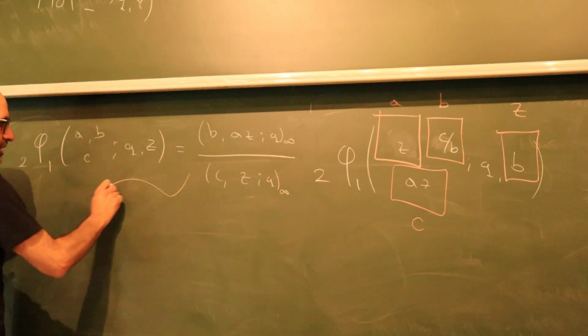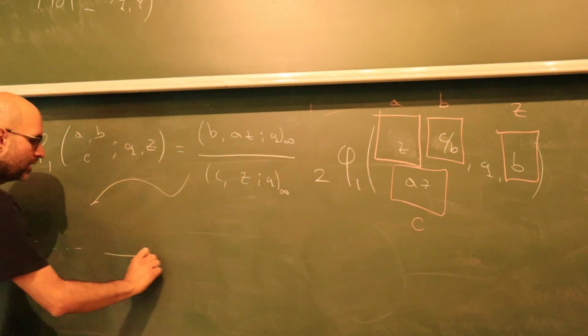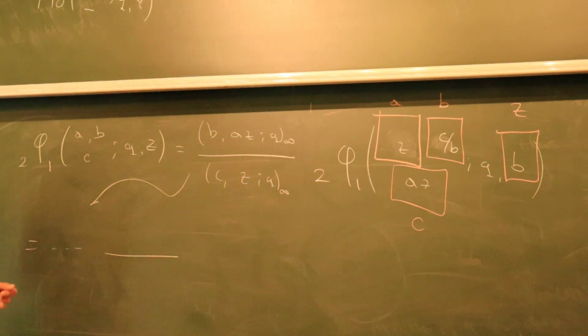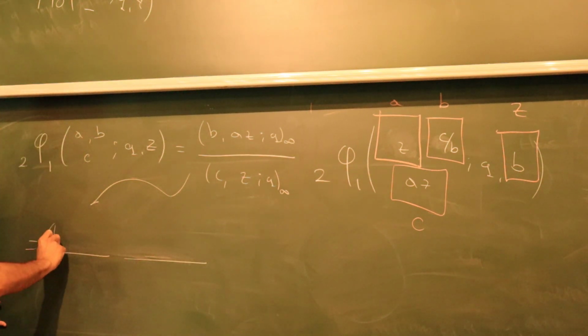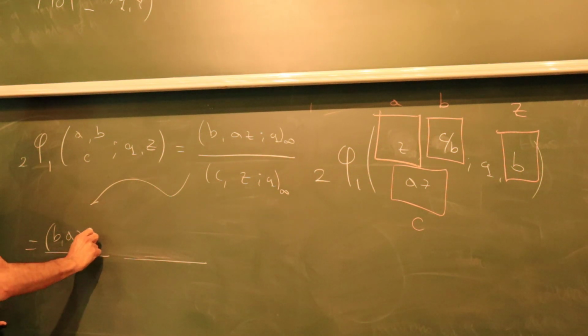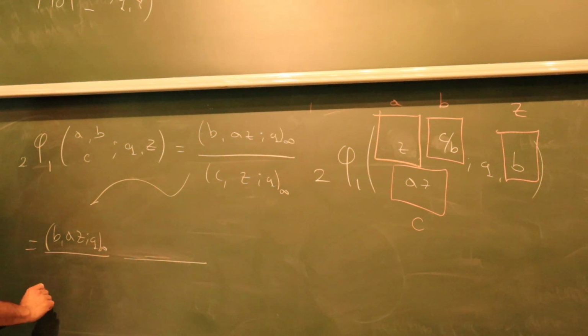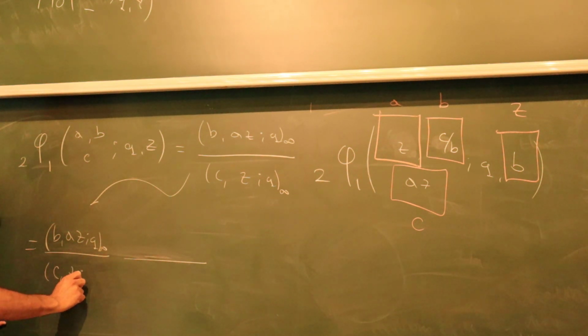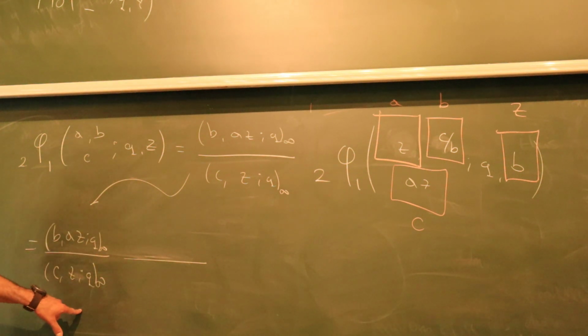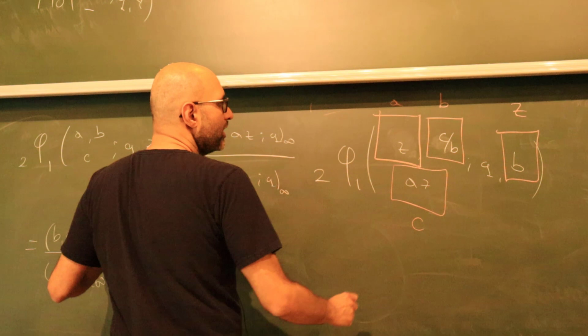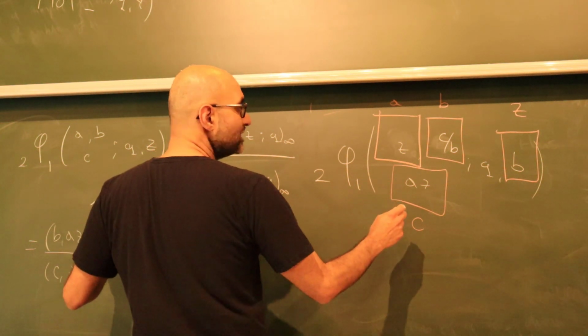We have the same infinite product here. It will come into play a moment later. Let's write it anyhow. B, A times z. Now, what's B?